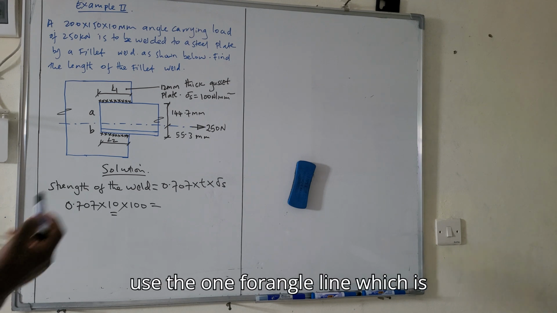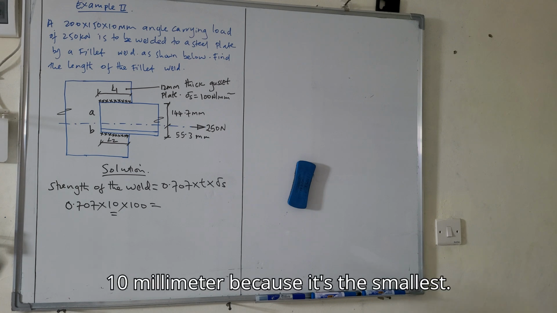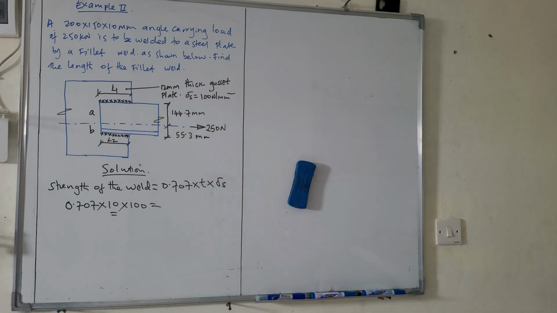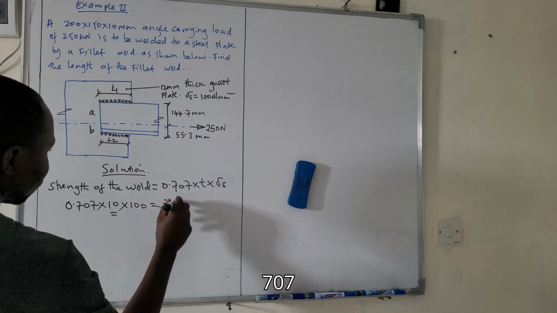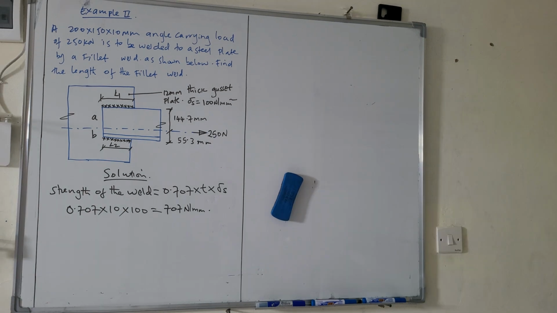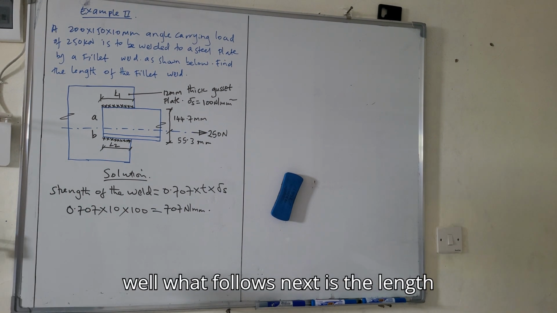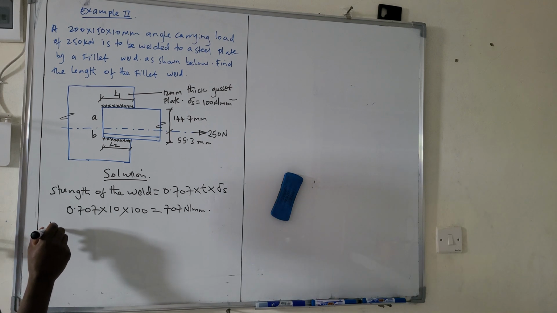So I will use the one for the angle line, which is 10 millimeter, because it's the smallest. So the answer will be 0.707 times 10 times 100. That is 707 Newton per millimeter.